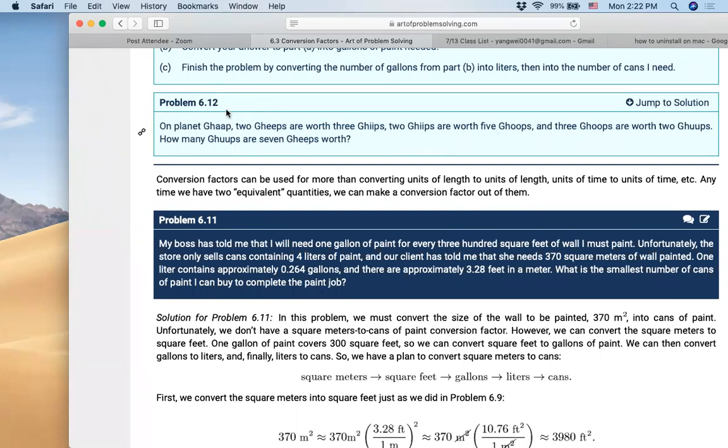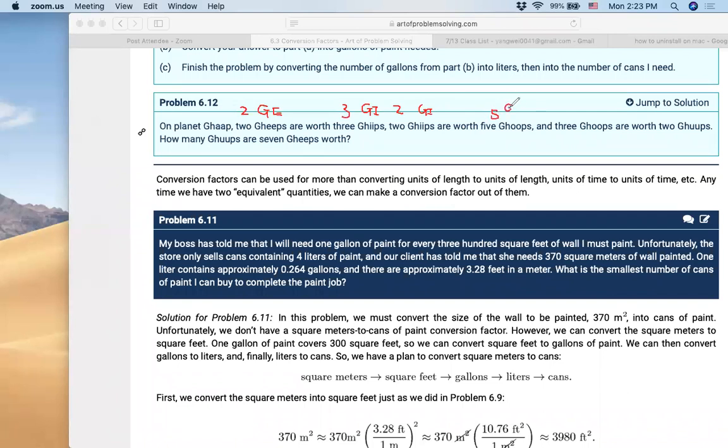So this kind of problem, just do it this way. I use GE to represent this gibs. This is worth 3. I use GI to represent this letter. And they say 2 GI, this GI worth 5. I use GO to represent this gulps.